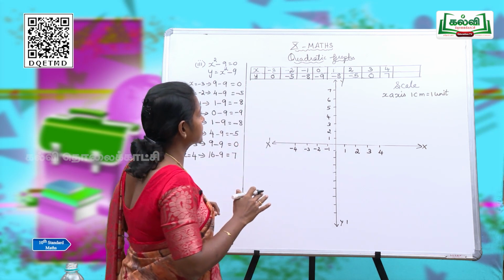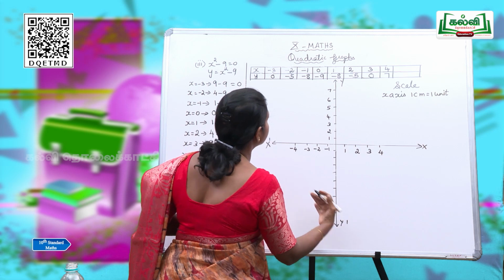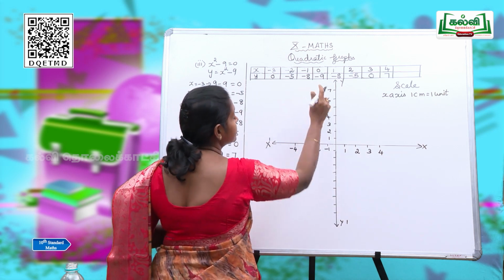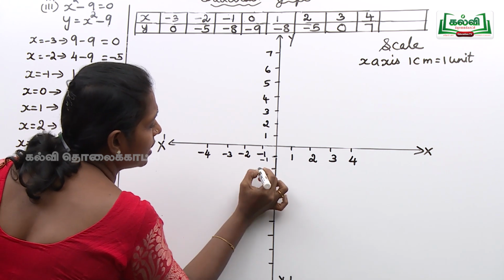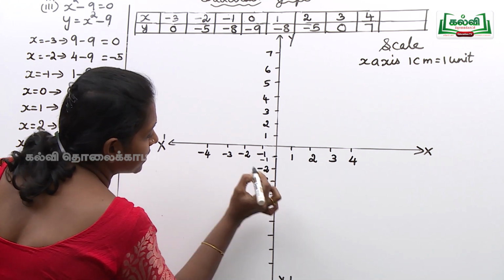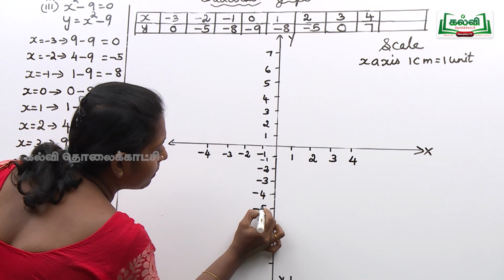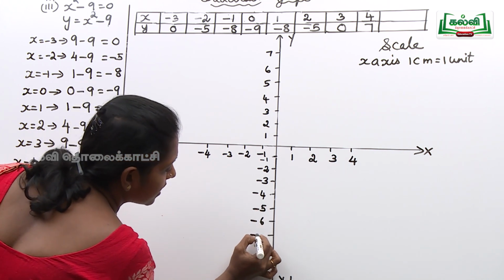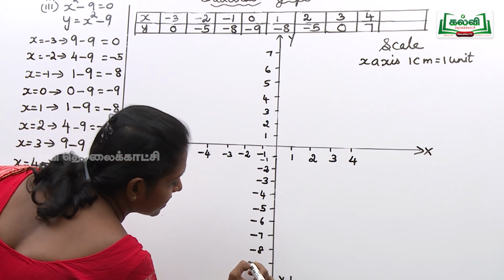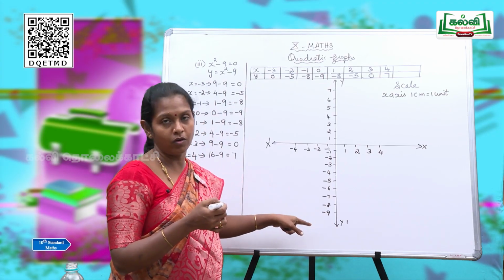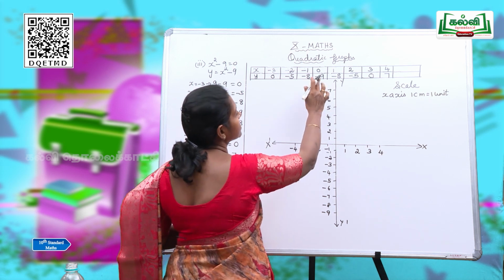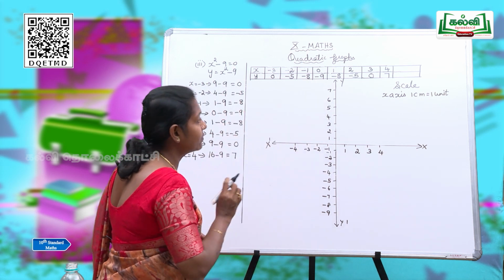Clear? Next, come to the negative side. That means downwards, below the x-axis. What is that? Minus 1, minus 2, minus 3, minus 4, minus 5, minus 6, minus 7, minus 8 and minus 9. If you want, you can add 1 more point. Okay. So, minus 9 is the minimum value.